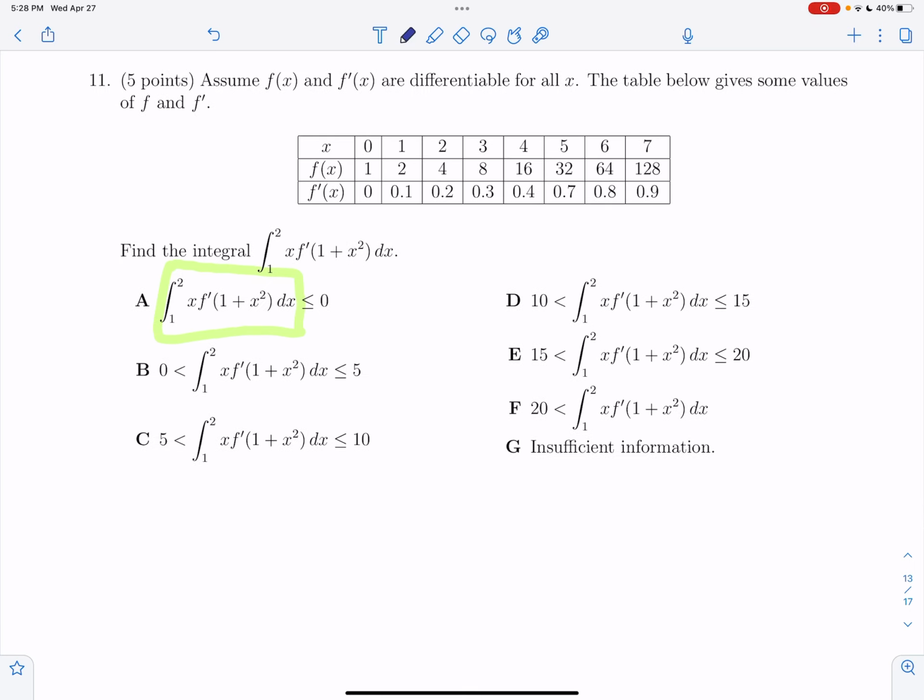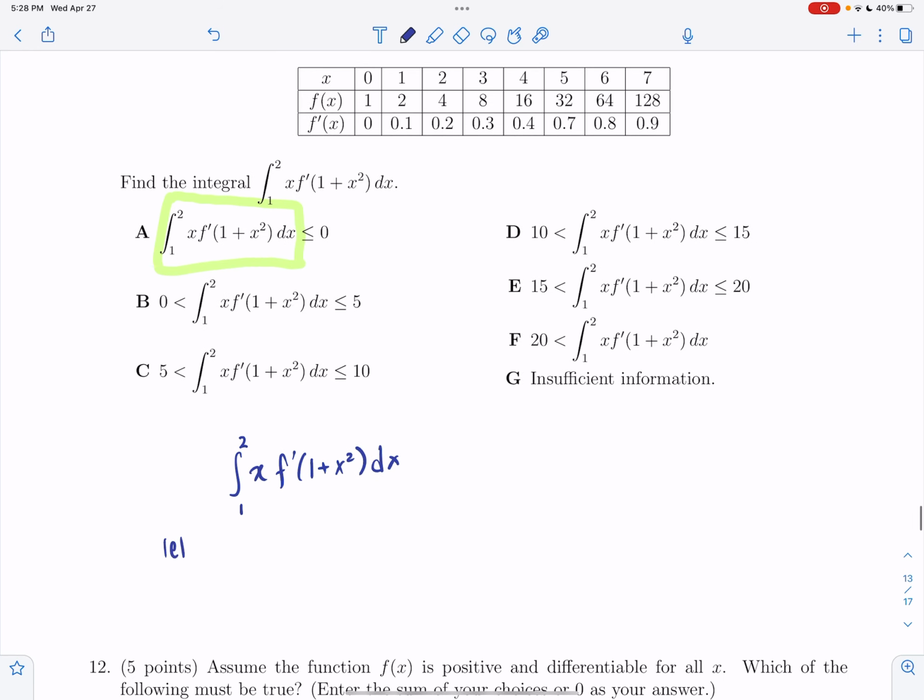Okay? So let's see. Integral 1 to 2, x times f prime of 1 plus x squared dx. Okay. So let u be 1 plus x squared. du dx is 2x. So 1/2 du is x dx. Okay, so let's do this.